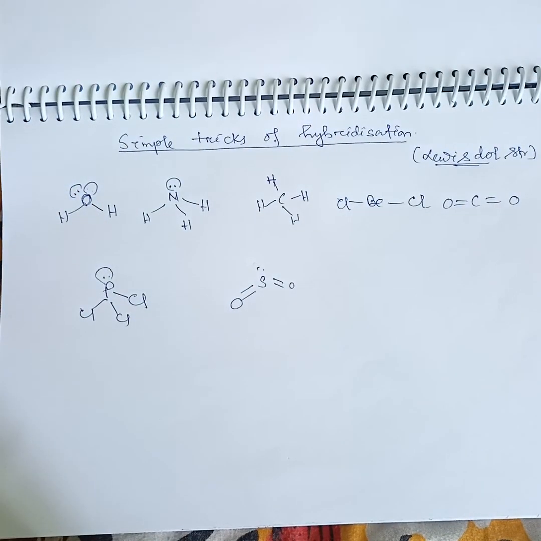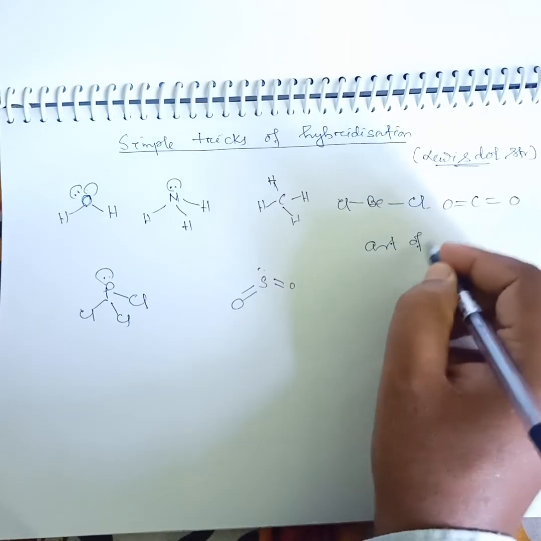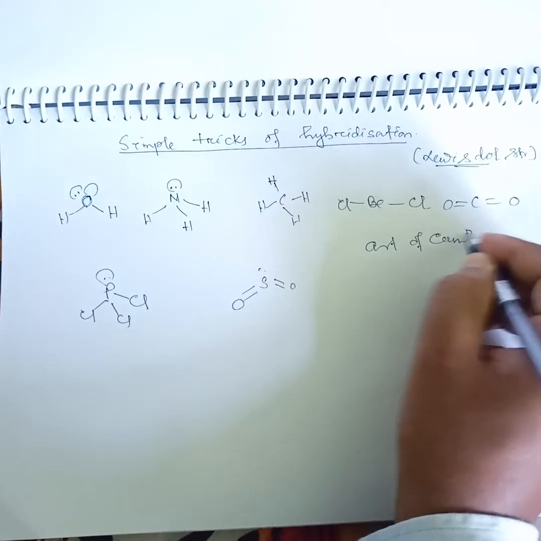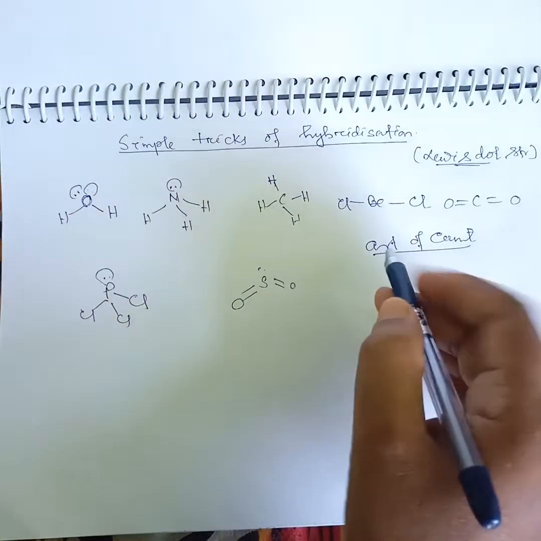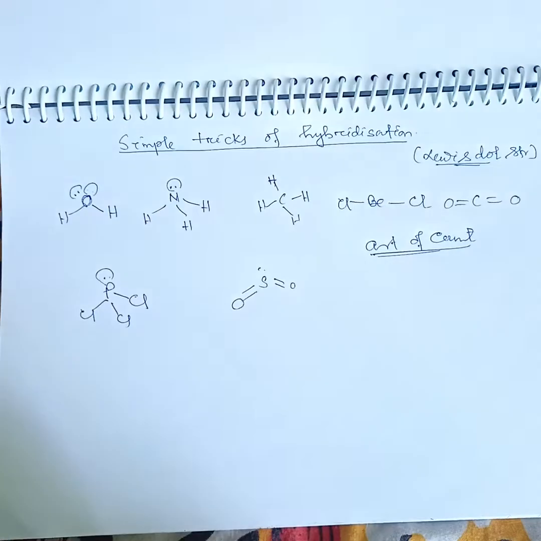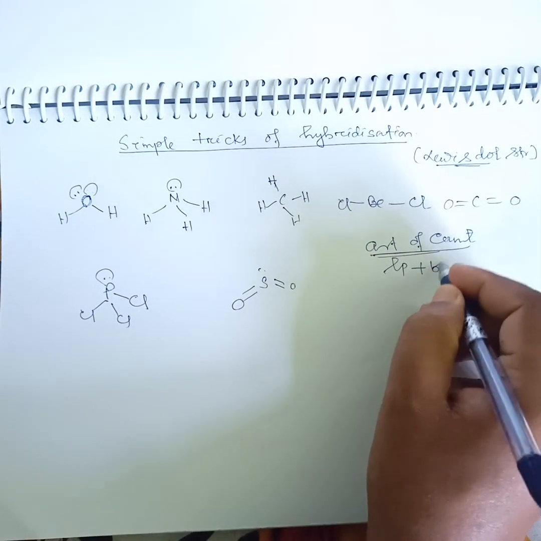Now we will count. The art of counting will lead to speaking of hybridization. Count of what? Lone pairs and bond pairs.